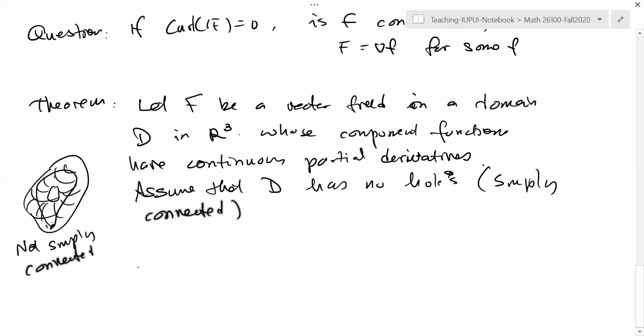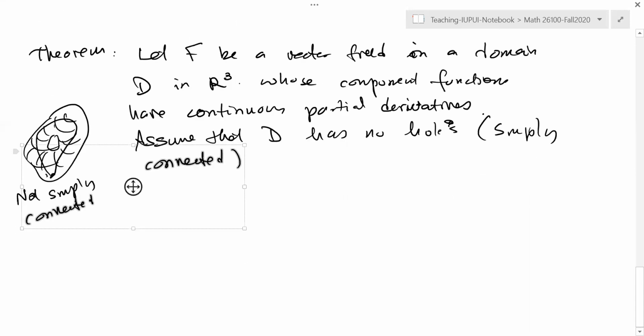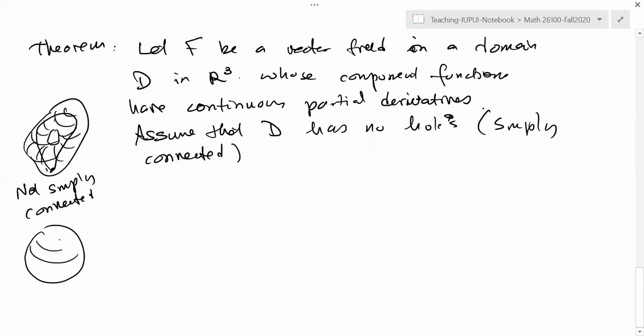The donut is not simply connected. Any loop inside, you cannot pull to a point. And the ball is simply connected. Any loop inside the ball can shrink to a point. So those are the examples.